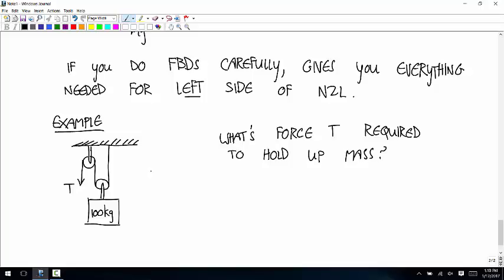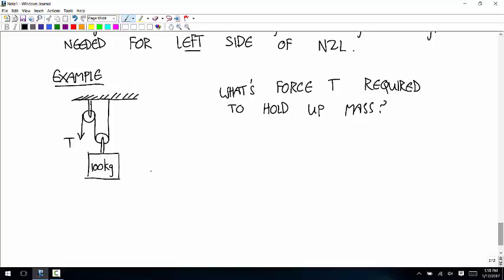That's something that's taken advantage of in a lot of different industries. So let's draw a free body diagram of the mass. And I'm going to include that hanging pulley, the connected pulley.